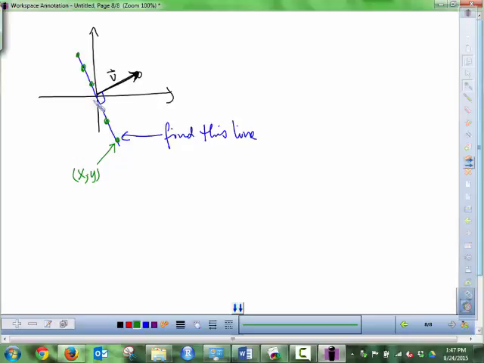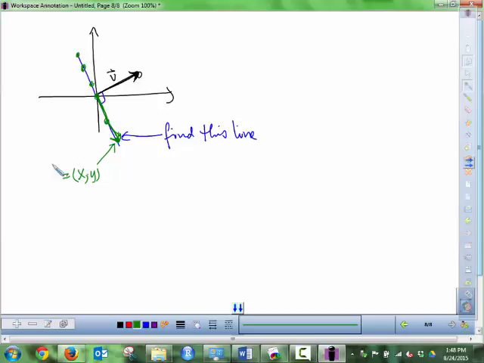So I'm going to make a vector from the origin to that point. And that vector is xy. It's a vector xy. And that's just a random point on the line.